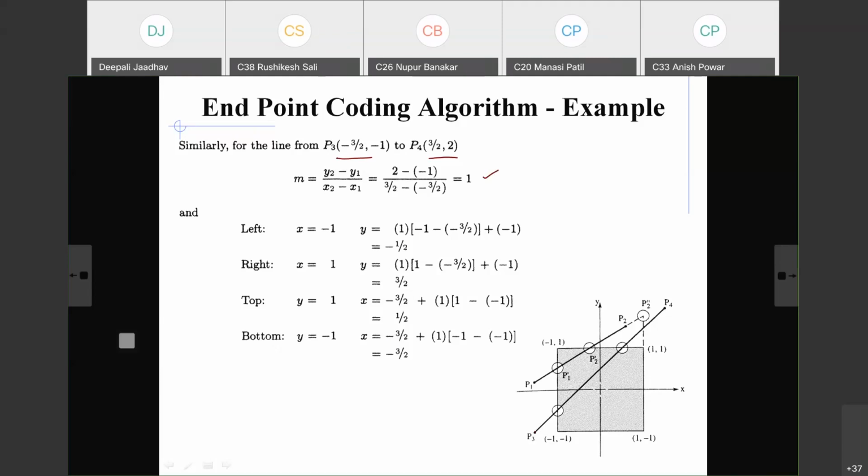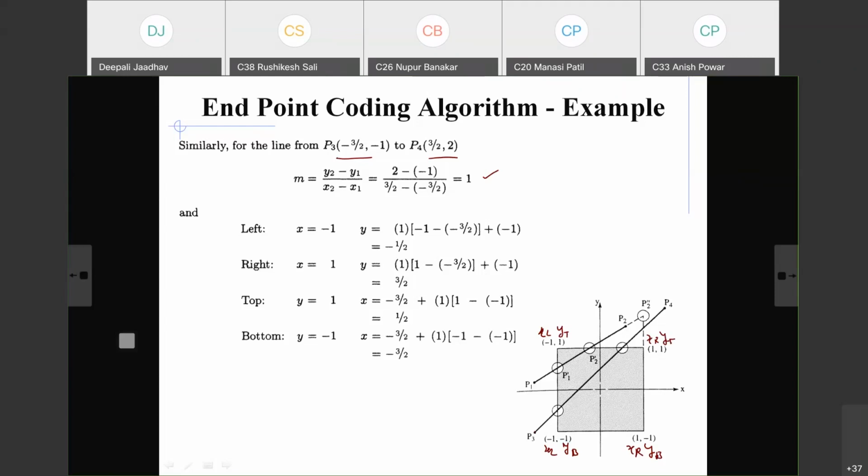First start with the left for this line. Again, I write here XL, this is XL. This is YB. This is XR. This is YT. Now put the values in the equation.